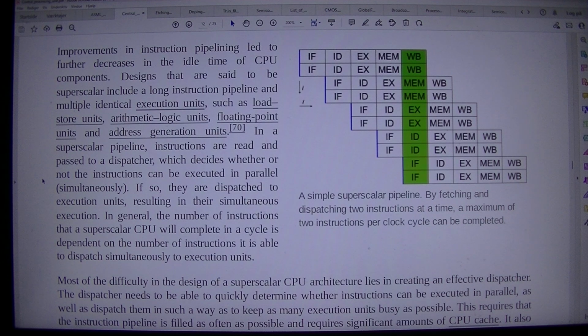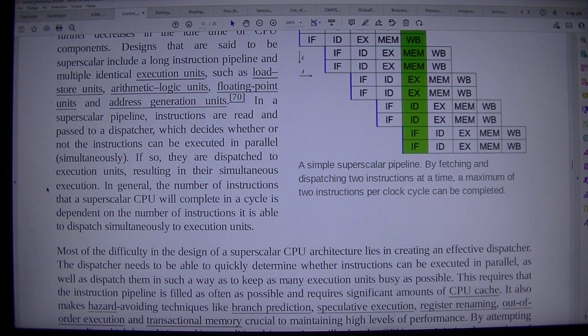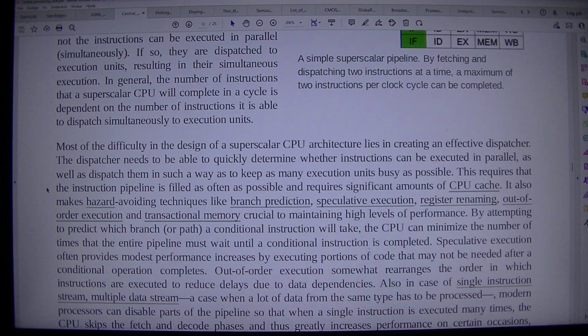In general, the number of instructions that a superscalar CPU will complete in a cycle is dependent on the number of instructions it is able to dispatch simultaneously to execution units. Most of the difficulty in the design of a superscalar CPU architecture lies in creating an effective dispatcher. The dispatcher needs to be able to quickly determine whether instructions can be executed in parallel, as well as dispatch them in such a way as to keep as many execution units busy as possible.